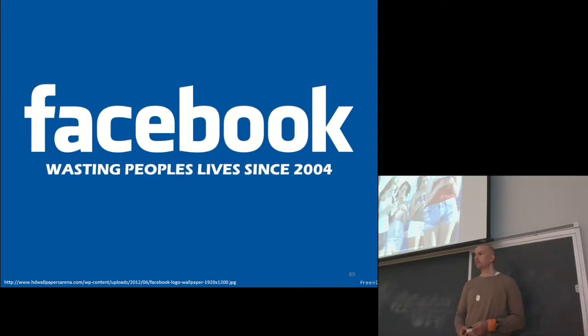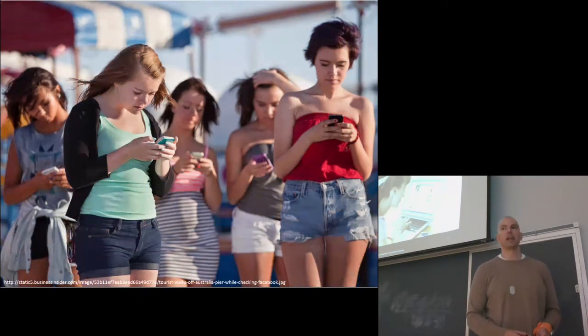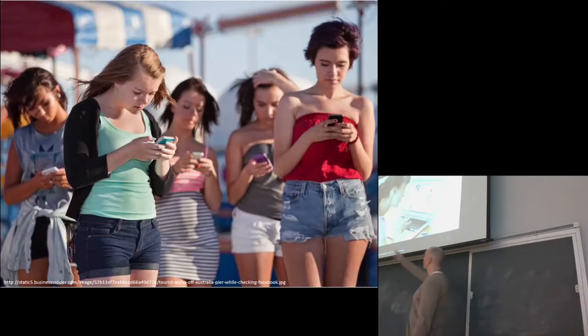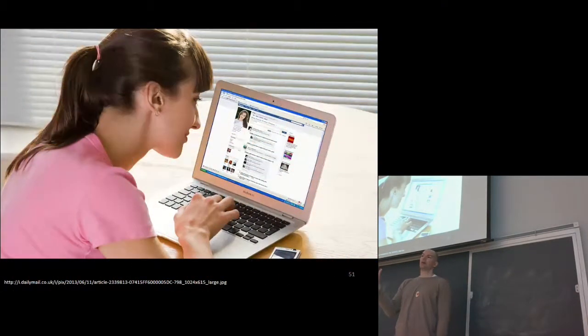So if you want to experience this, if you want to put yourself back on that variable intermittent schedule of reinforcement, take the push notifications off your phone, or just rely on Facebook online on your computer, and you have to log in. And what scientists found is that, number one, Facebook was on a variable interval schedule of reinforcement.